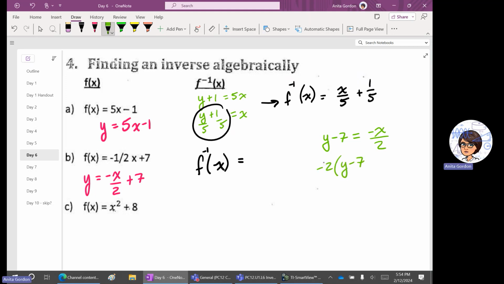This would get me x isolated. So when I write it in inverse form, I'm actually just going to distribute this here. This is going to be negative 2x, right? Because we're technically graphing a function of x, plus 14. So I isolate for x and then I write it in inverse form.